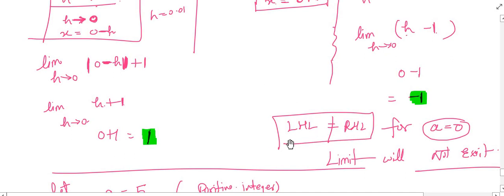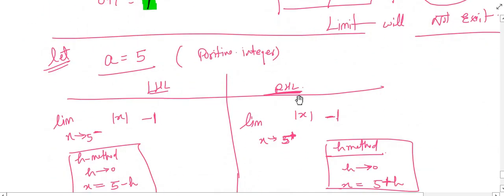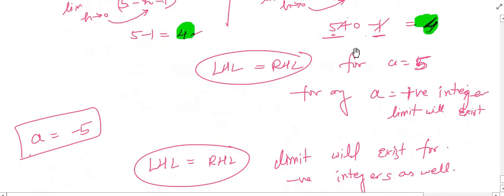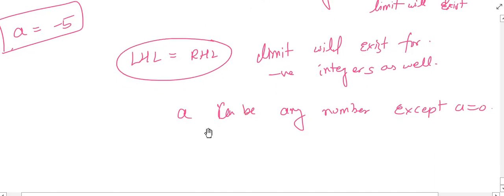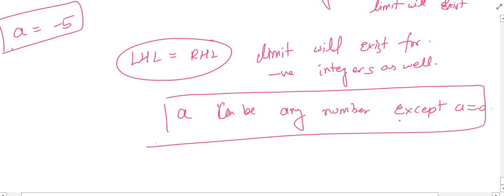LHL and RHL were not equal. But for positive integers and negative integers, the limit is existing. So that means a can be any number except 0. Meaning, the limit will exist everywhere except it will not exist at 0.